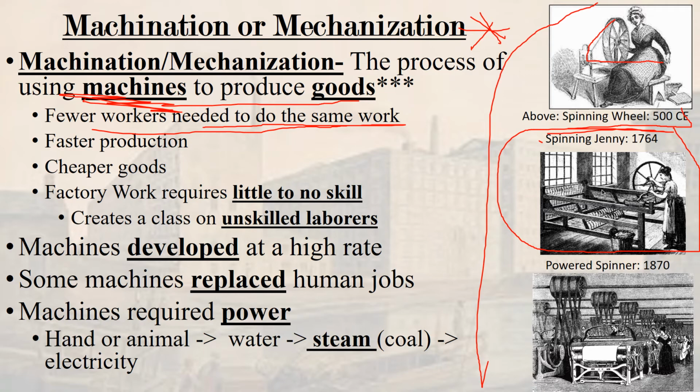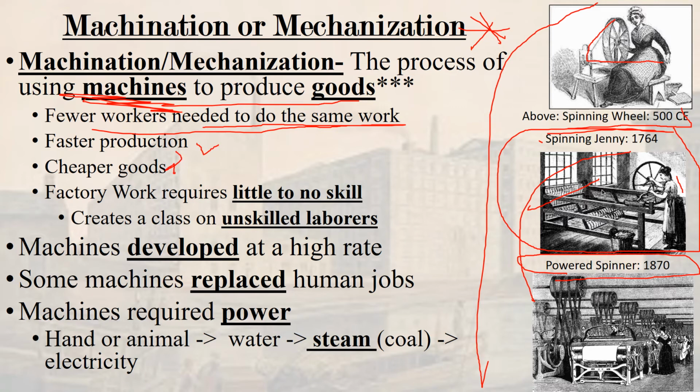And all of a sudden, still using human hand power, one woman is capable of spinning 12 threads. And then just 100 years later, you have these steam-powered spinners that are creating hundreds, thousands of threads, and doing it much, much faster because they're powered by steam. So again, faster production is the effect, which leads to cheaper goods.